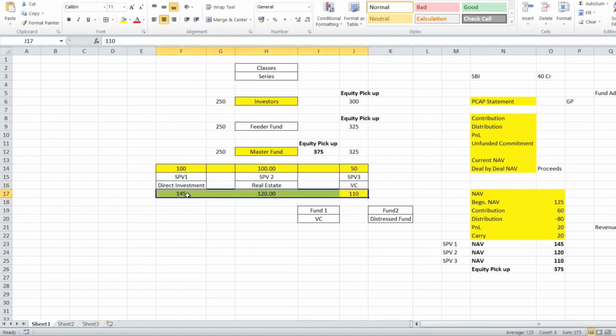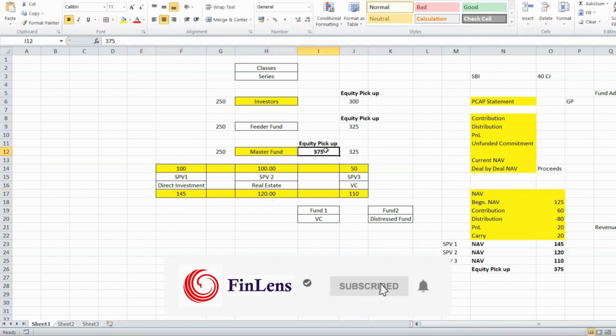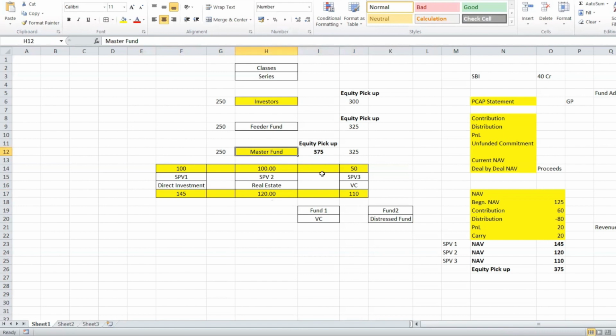This is the jargon we use, called equity pickup. So this 375 is going here. Out of this 375, the master fund takes out its share for the expenses it bears, so 325 is the equity pickup for them.